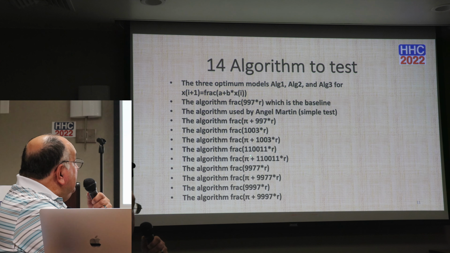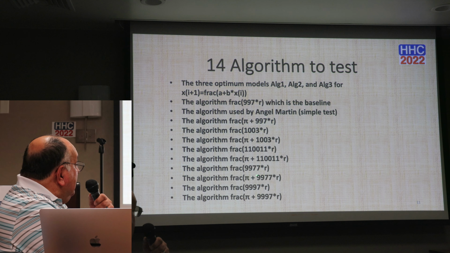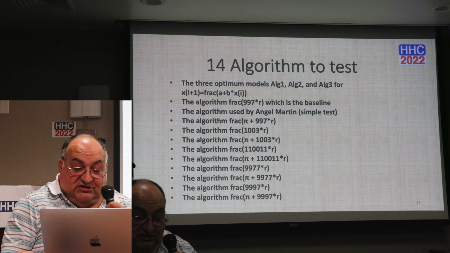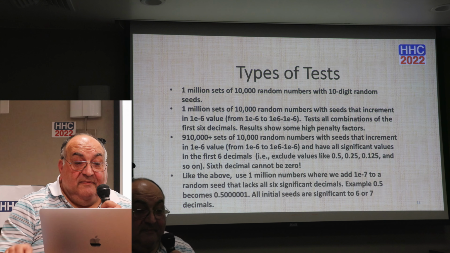Then I have 2 of these with 11011, straight, and then I add pi. Then 9977 times R without pi, and with pi, and then 9997 times R without pi, and with pi. So these are my hunches, and as you will see, some were okay and some turned out to be turkeys.